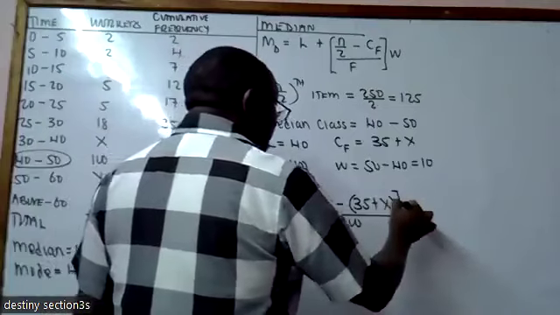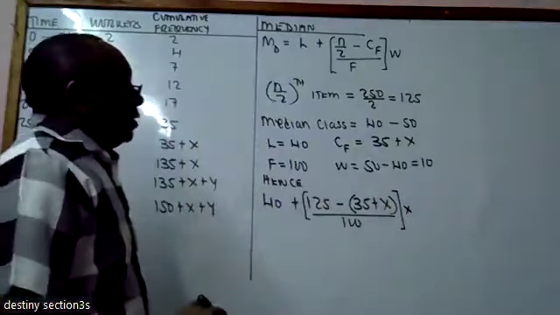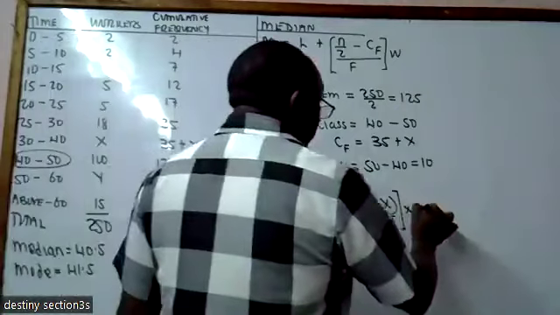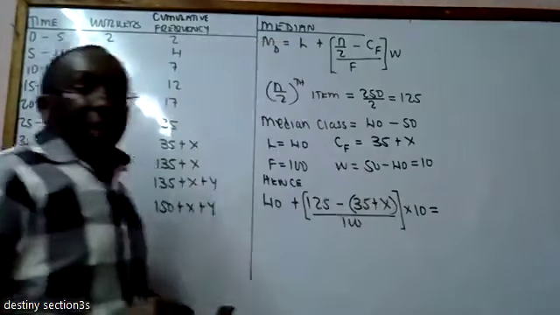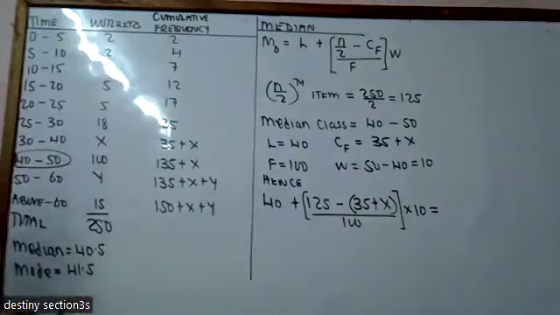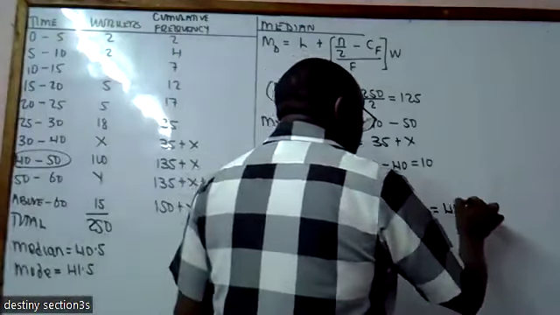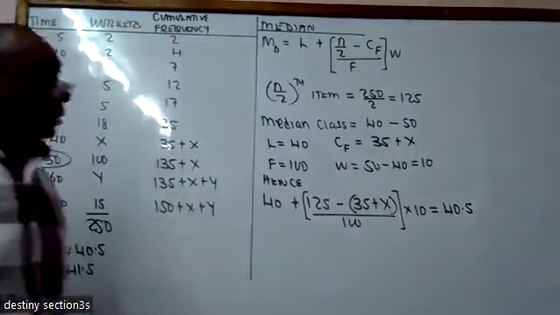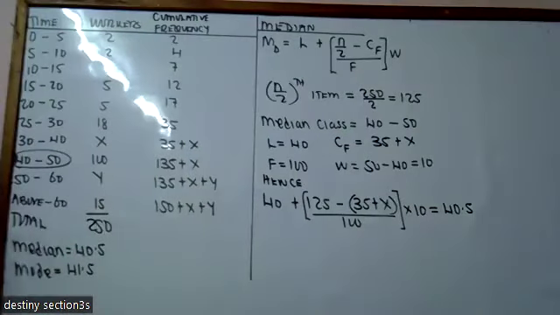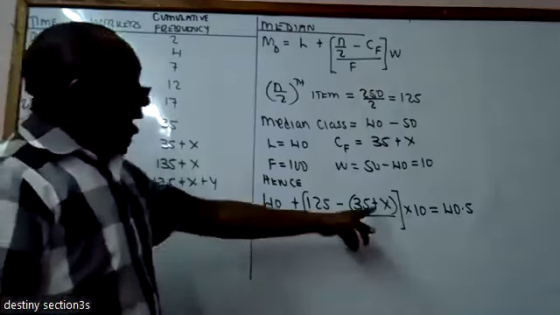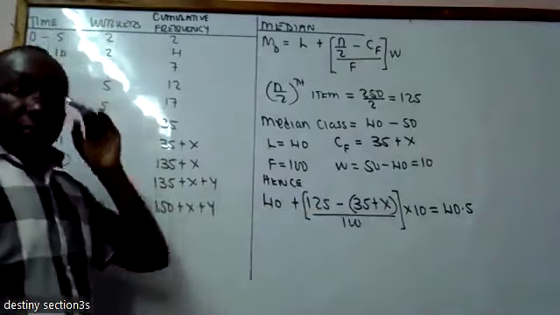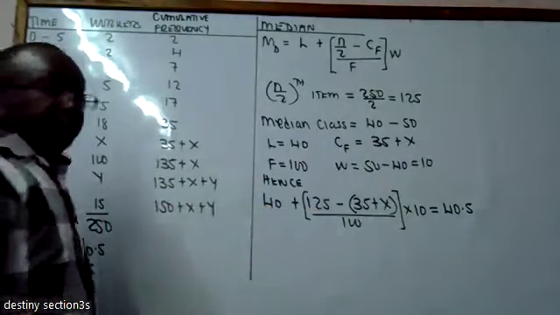Then you multiply by W, which is 10. And the answer should be 40.5. That becomes very easy to solve because we just have one unknown.